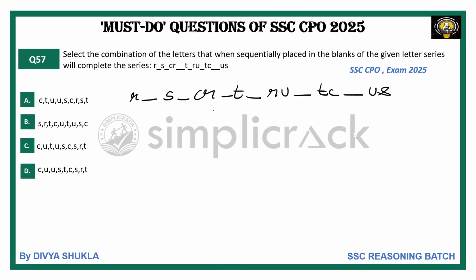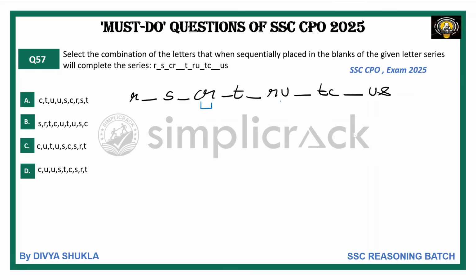Now understand, you are having a pair of C and R and then dash T. So what can you fill here, and you also have R dash S. See after how many letters it is being repeated.